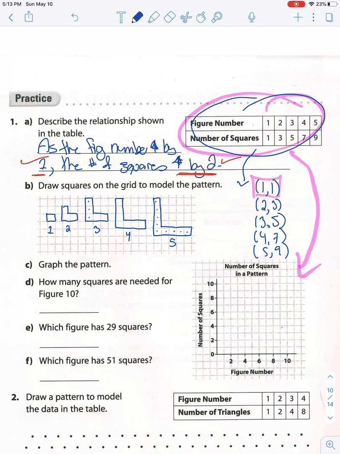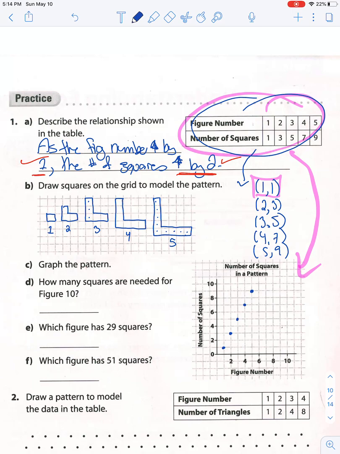But we know the background method is determining the ordered pairs first. Okay, so (1, 1) is here, and then (2, 3), and then (3, 5), and then (4, 7), (5, 9), like that.